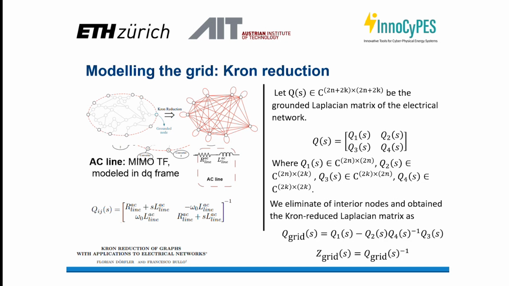So in this case, we have a complex matrix of 2n plus 2k, and basically we build the Laplacian matrix of this electrical network, and we can eliminate the interior nodes using the Kron reduction, which is basically this equation. So we start from a 2n plus 2k matrix, which is sparse in general, and we end up with a square matrix of 2n, which is generally way smaller than the first one.